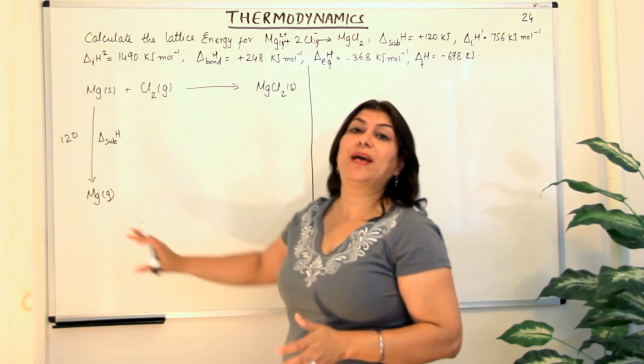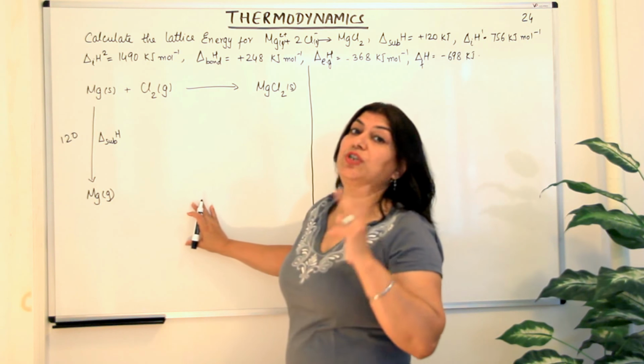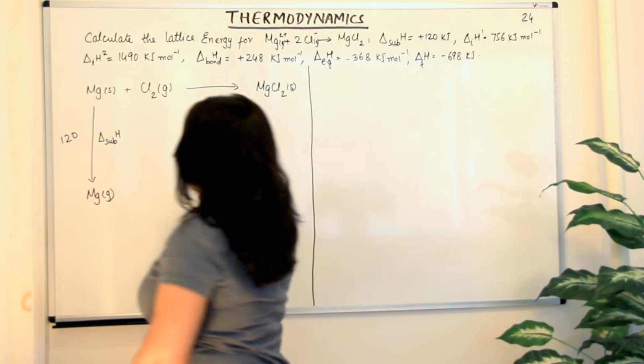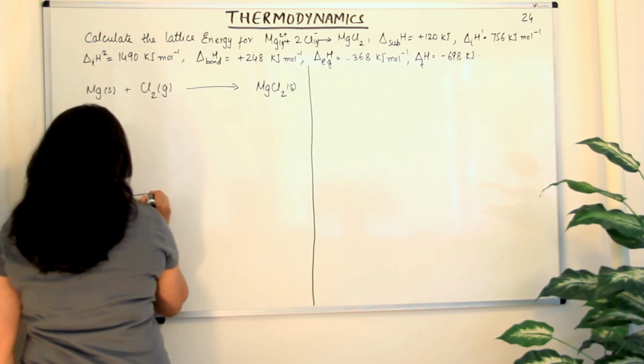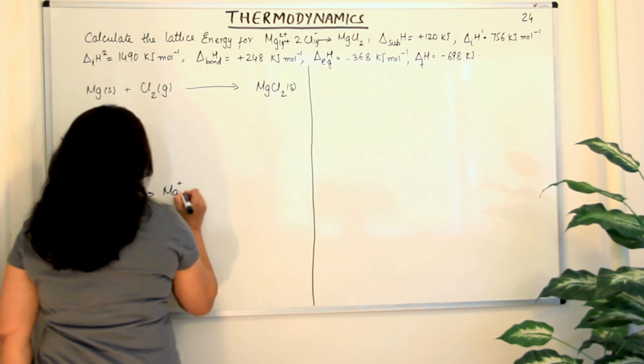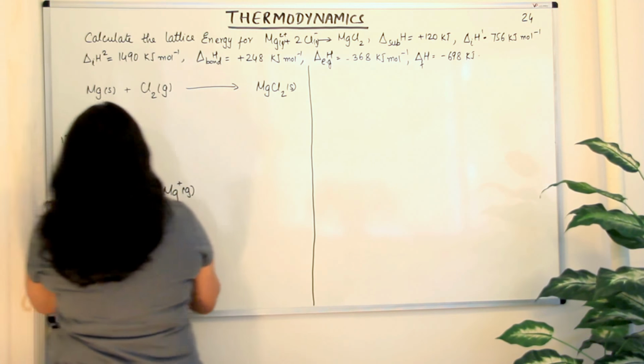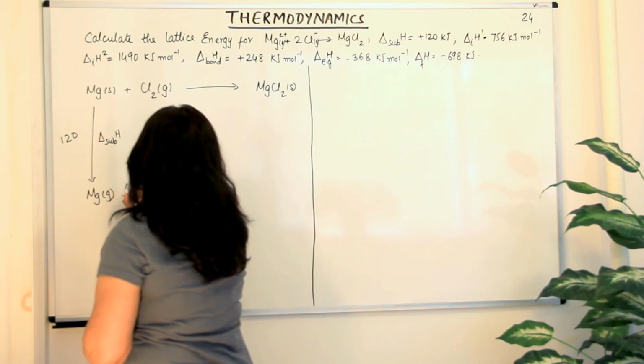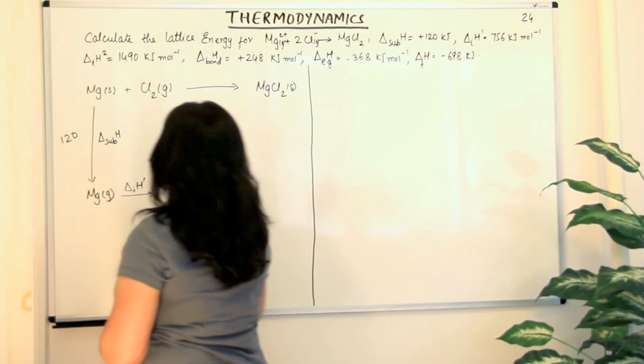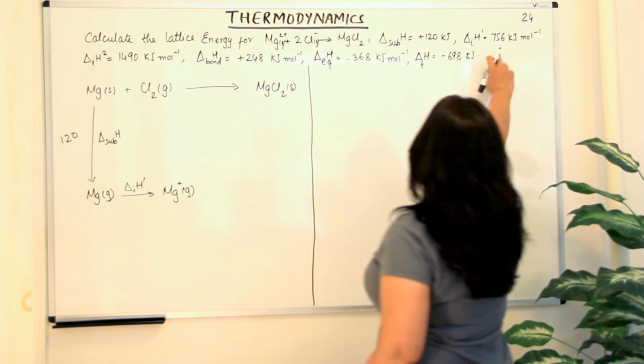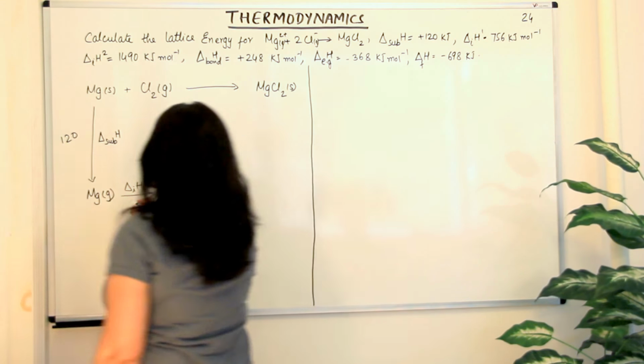So now magnesium has to be converted into Mg2+ in 2 steps. In the first step, it will be converted to Mg+, gaseous, and for this you will be using the delta ionization H1. And what's the value of delta ionization H1? It is 756 kilojoules per mole.